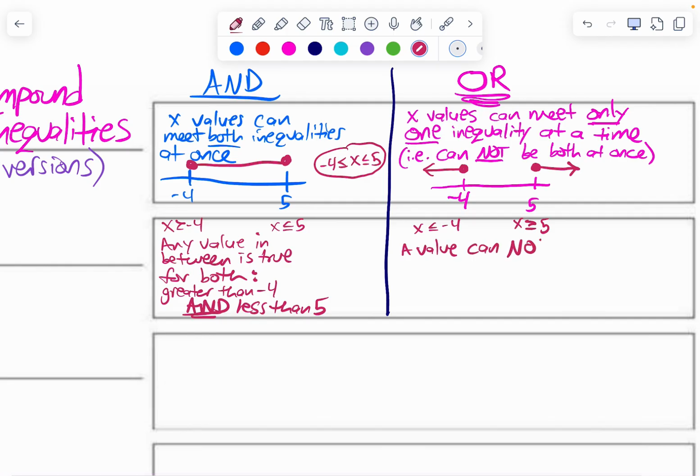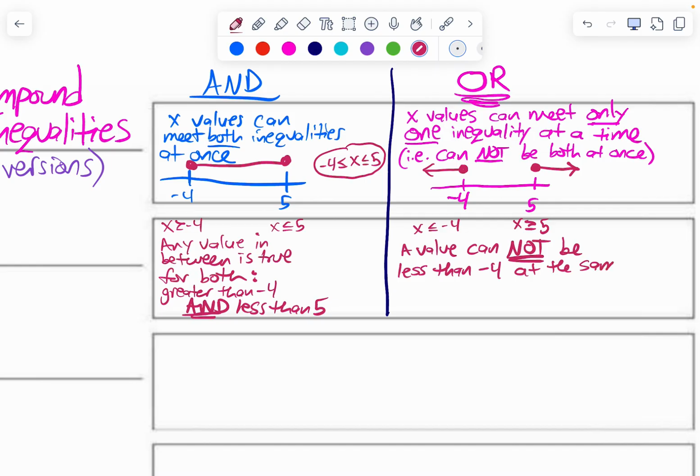Okay, here's the big idea. A value cannot be less than -4 at the same time as greater than 5.